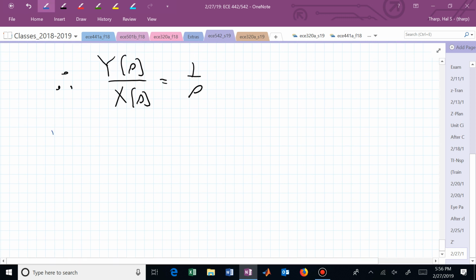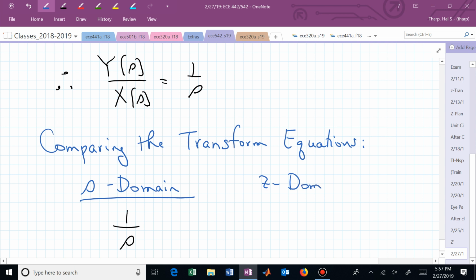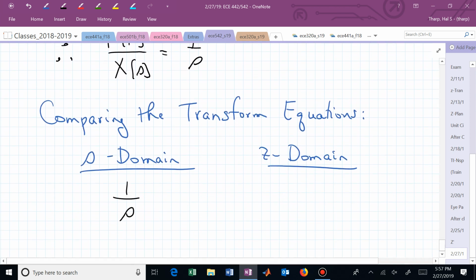Comparing the transfer functions, here's what it looked like in the s domain: that was 1 over s. In the z domain, it looked like T over z minus 1.